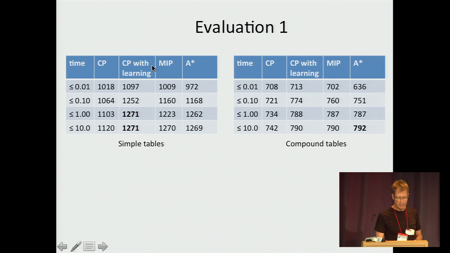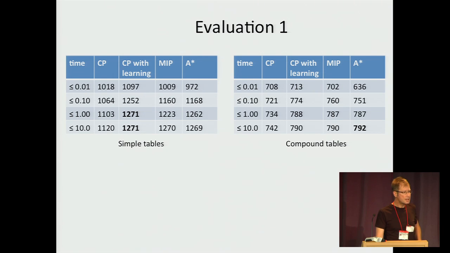Or if we look at CP with learning, we solved 1,097 in under 1/100th of a second, and we actually managed to solve all instances of the problem, 1,271 of those, in under a second. And similarly for the compound cells.